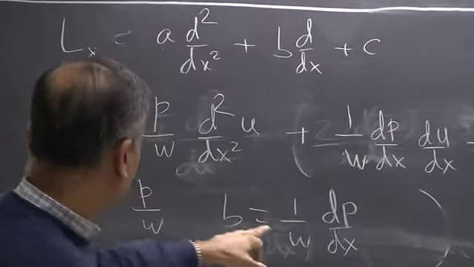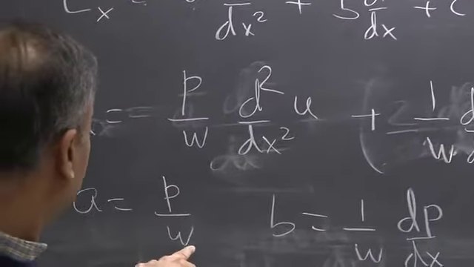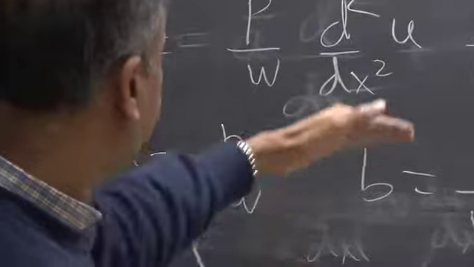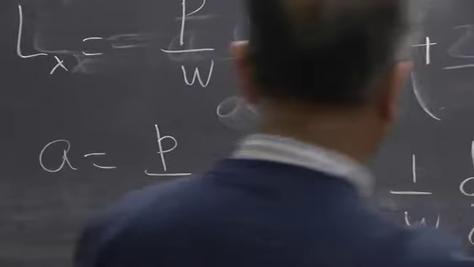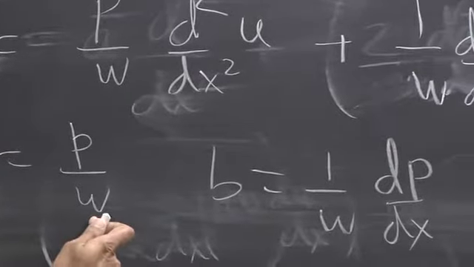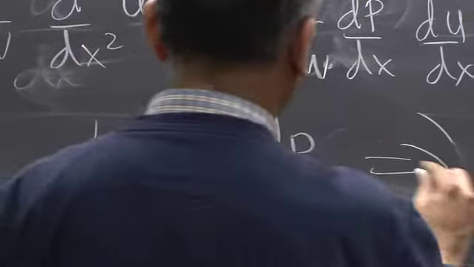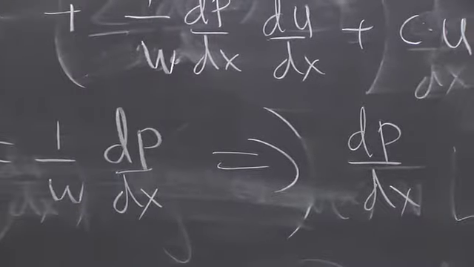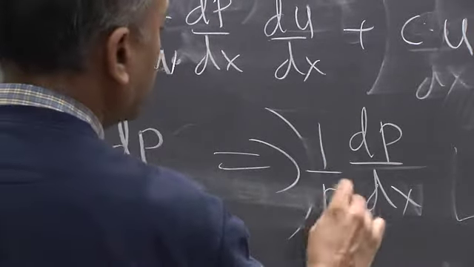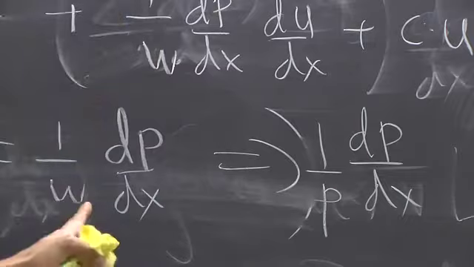Now from this equation, I can of course eliminate W by taking the ratio of the two. So let's take this equation divided by that equation. Then you get dp by dx, and when I divide by P over W, you get 1 over P; W cancels.